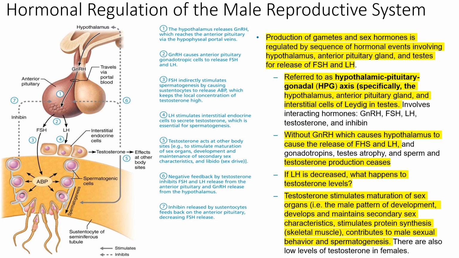When sperm count is high, more inhibin is released, acting on the anterior pituitary to prevent the release of follicle stimulating hormone, and also acting on the hypothalamus to prevent the release of gonadotropic releasing hormone.